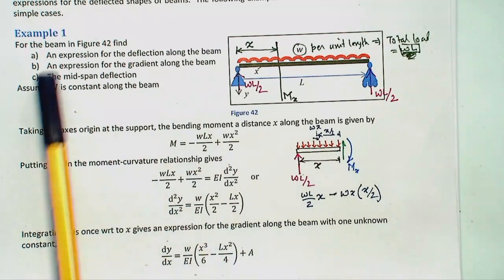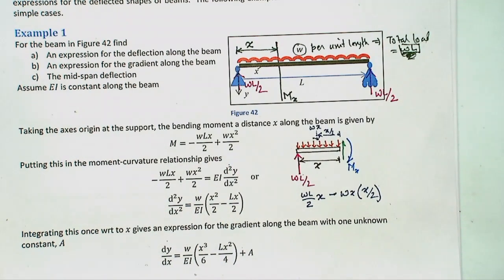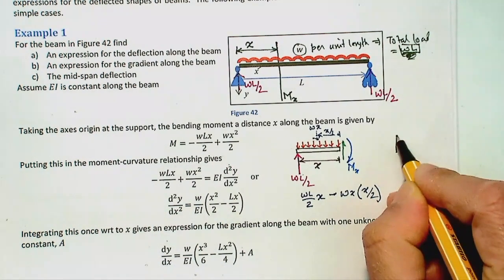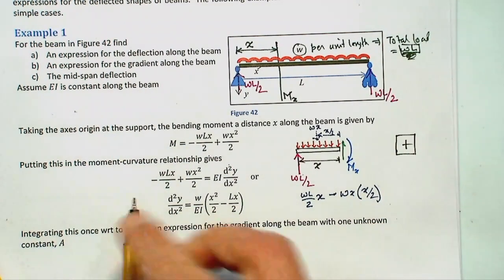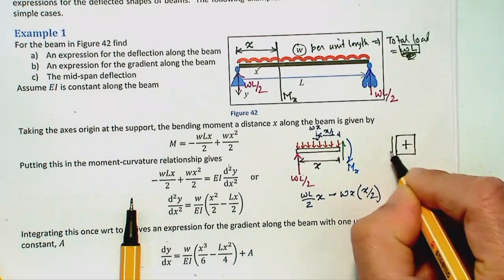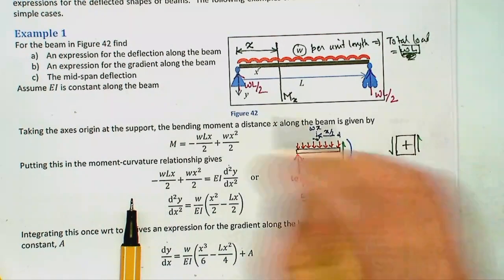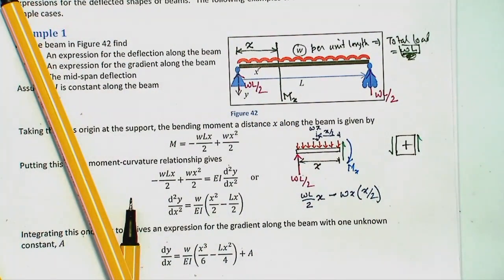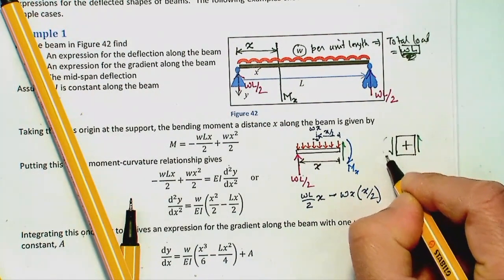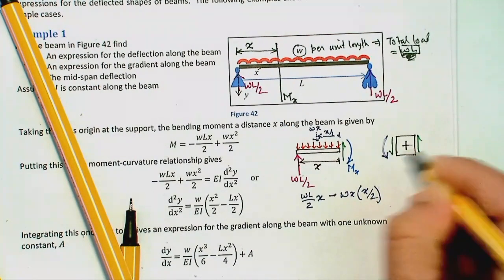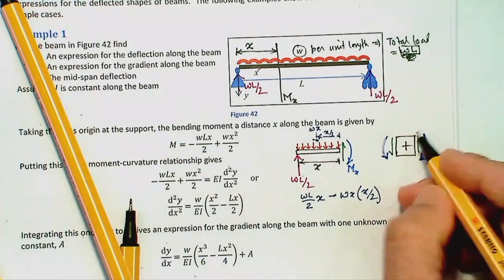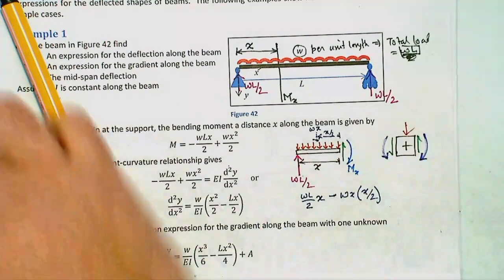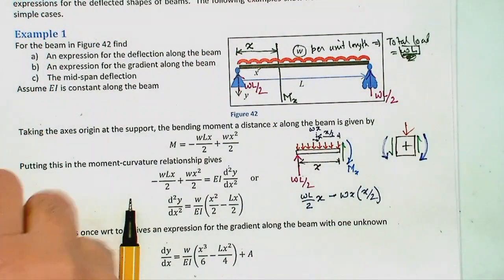The positive shear force was left side going down, right side going up. Similarly, for the moment we have used anti-clockwise on the left hand side as positive, and clockwise on the right hand side as positive, and the load coming downward is positive. So this is our sign convention that we have been using.